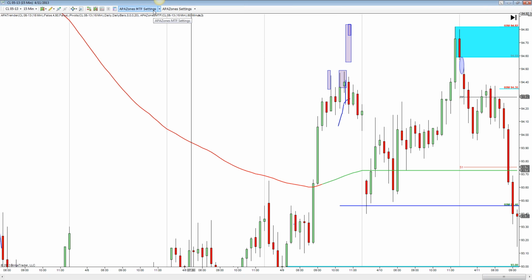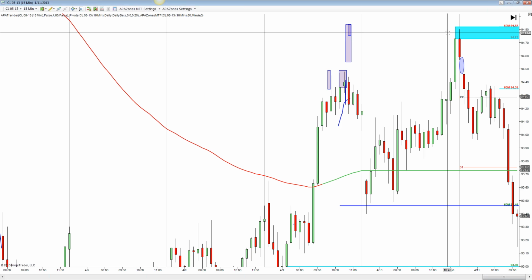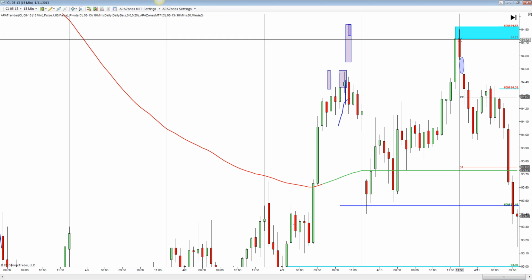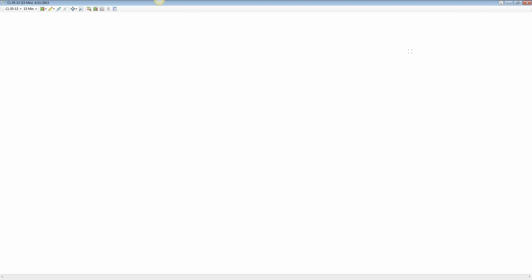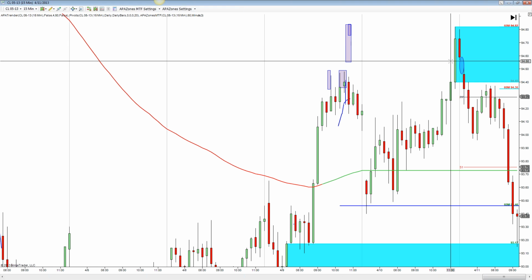If we change that from intelligent to conservative, it's only going to take the wick. It just took that little wick area right there. Now, if we change it to normal, it's going to take this whole bar.